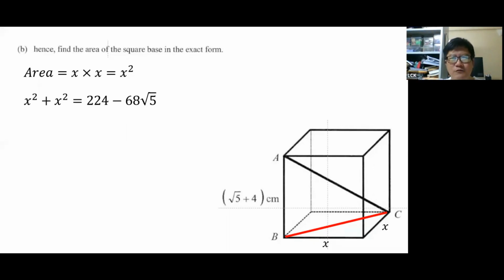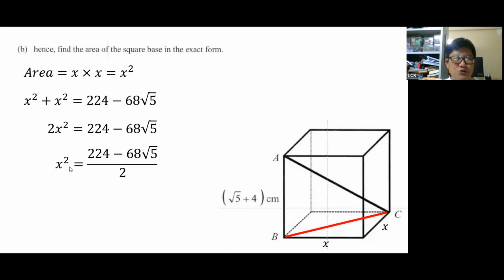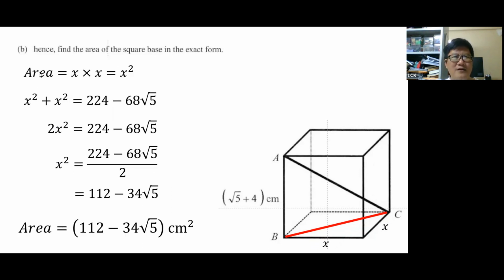So x squared plus x squared is 2x squared equals that. X squared is just 224 minus 68 square root 5 divided by 2. And that's what I get for x squared. So the area equals 112 minus 34 square root 5, and you have to put this cm squared here.